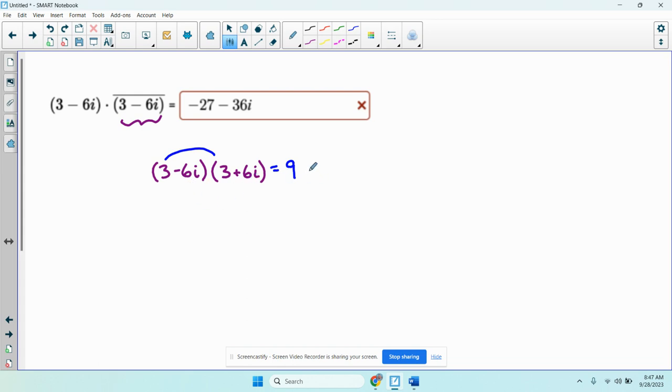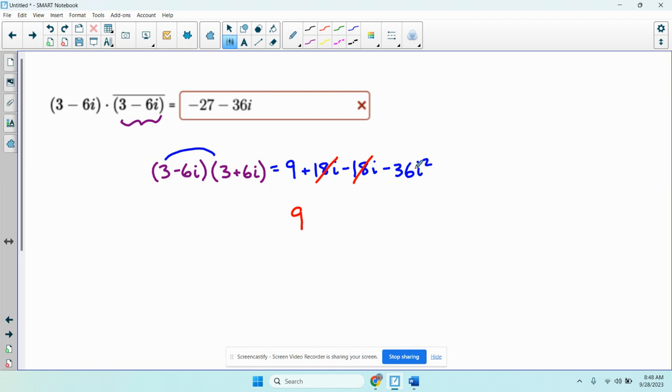Outer, I get 18i. Inner, I get -18i. That's why we do this, so this imaginary part will cross out. And then last, I get -36i squared. So these 18i's are going to cross out. I'm left with 9 and -36i squared.